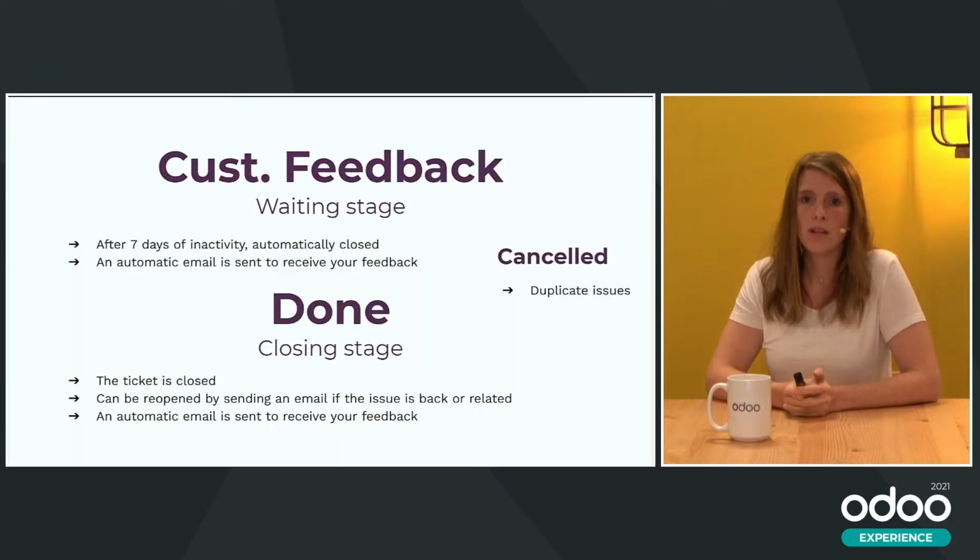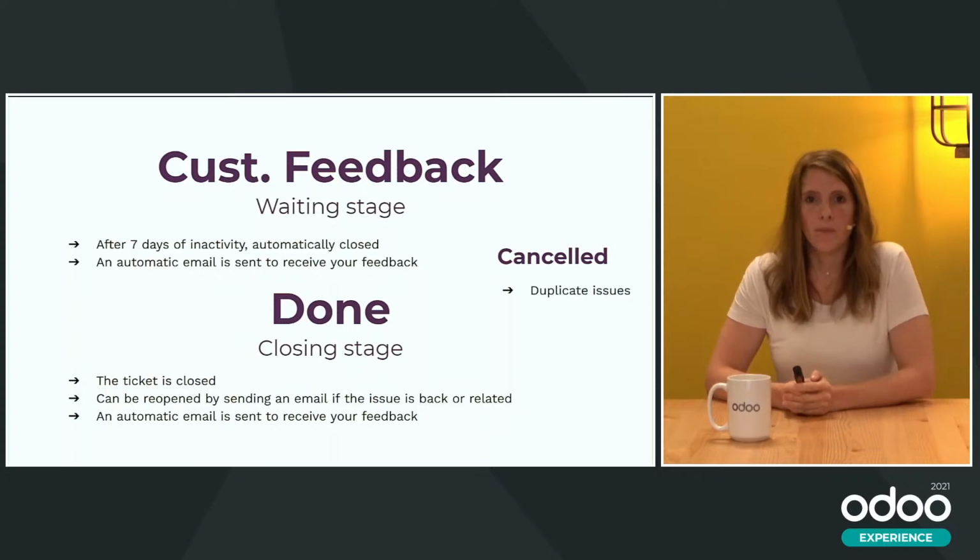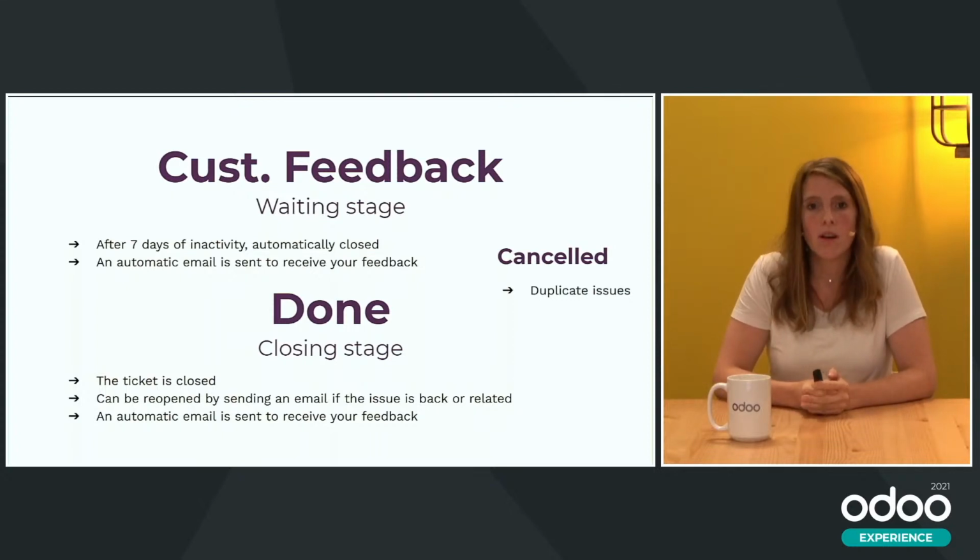Then we have three last stages. One is cancelled. For this, we put only duplicate issues. Then we have the customer feedback stage. This is where we will wait for your answer. If we need more information, or if we think that we solved your problem, we put the ticket there waiting for your answer.